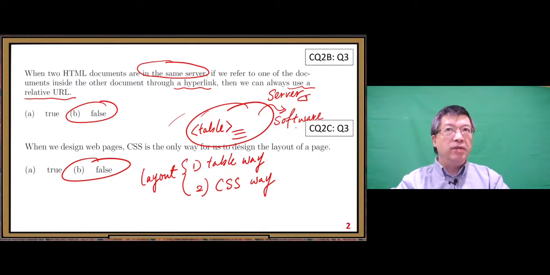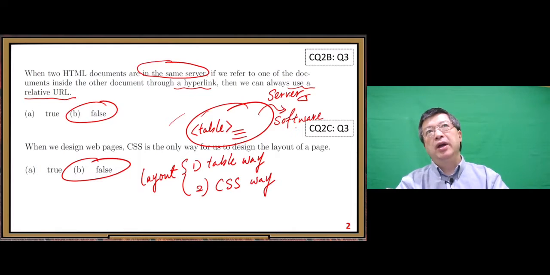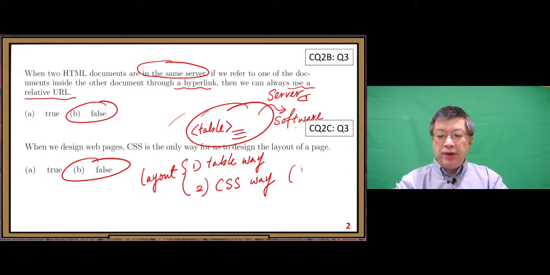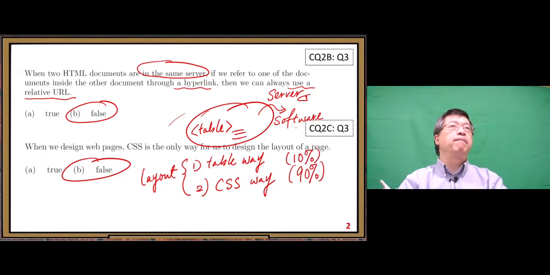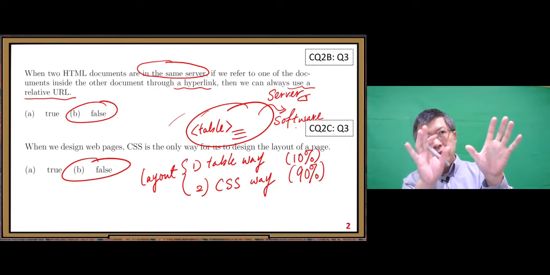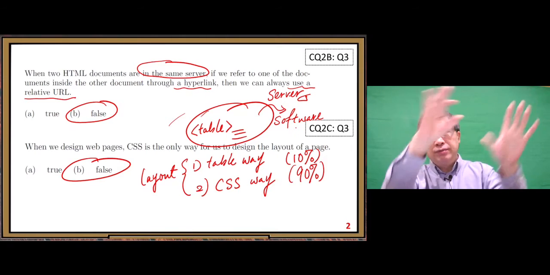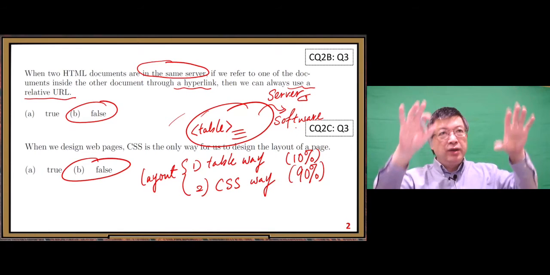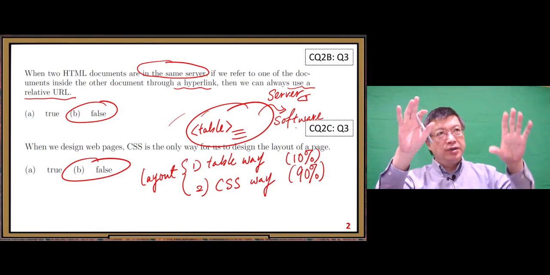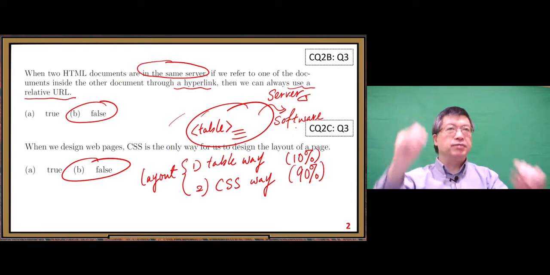That way is not the best way. So my decision, my choice, I like to put a 90% CSS way and a 10% table way. So for some special situations, I can still use a table to organize my GUI components.